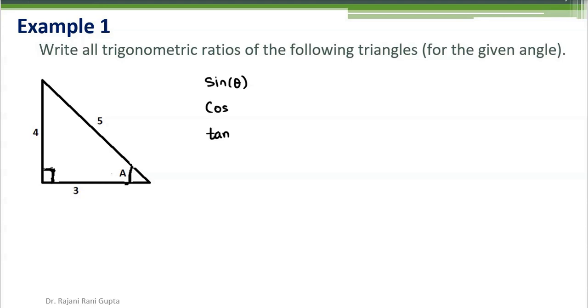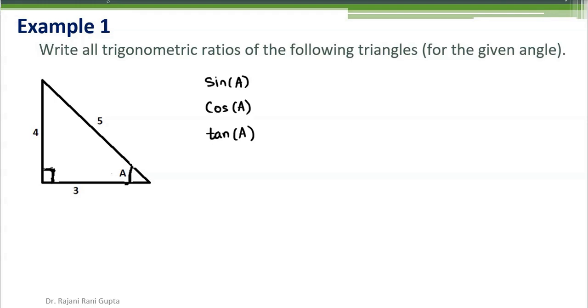Instead of theta, your angle is A, so you have to find sine of A, cosine of A and tan of A. Then we talk about the other three ratios.